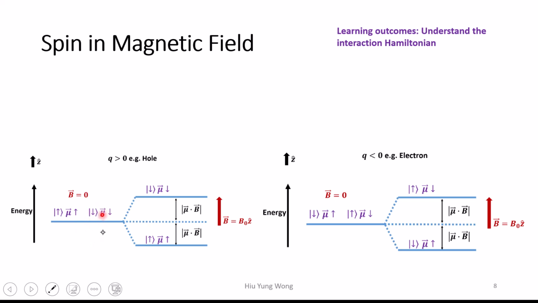Is that okay? Now then, let's talk about one more thing. If you are spinning, then you have the angular momentum, right? Think about the classical one. When you have positive charge, then the angular momentum and the magnetic moment should point in the same direction.